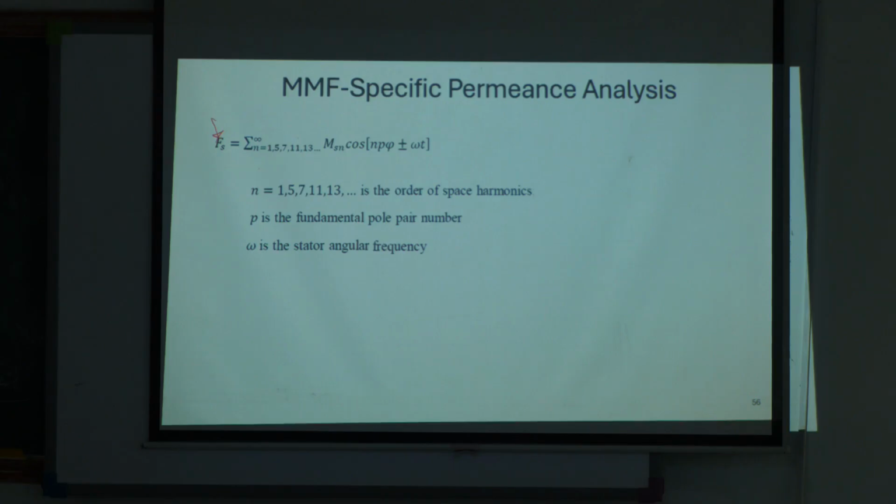One corresponds to the fundamental frequency, 5 and 7 correspond to higher order frequencies in the space harmonics, and we will see that usually a 5th order, 11th order will introduce a backward rotating 3-phase vector. Okay, so what do I mean by that?